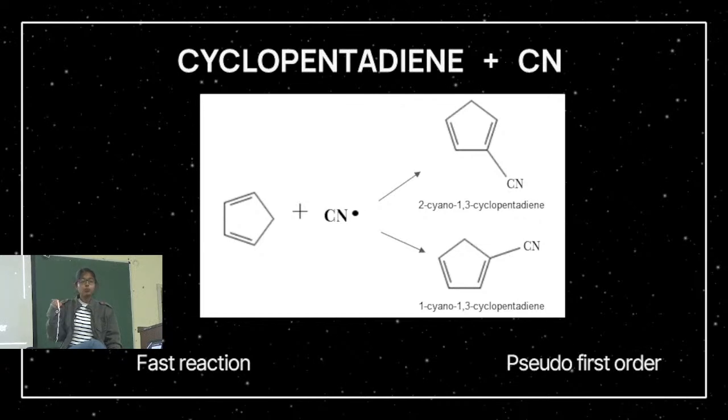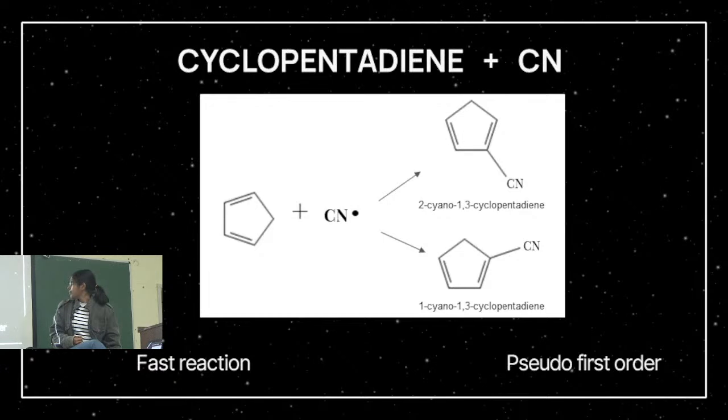Most of these reactions are carried out under pseudo first order conditions, because pseudo first order means that you take one of the reagents in much greater amount than the other. So now the rate only depends on one of the reagents, which makes it much easier to figure out the rate constant. From the pseudo first order rate constant, you can go and calculate the second order rate constant, where A plus B is giving you AB, so it's a second order reaction.